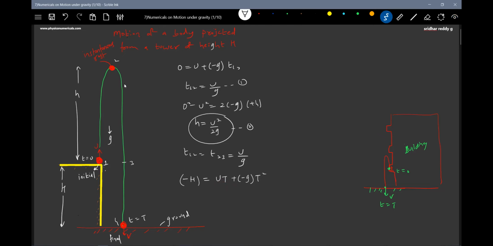Okay, there's a quadratic equation: g t squared minus u t minus h equals 0. So then t is equal to u plus or minus the square root of u squared minus 4 times g times minus h, all divided by 2g.